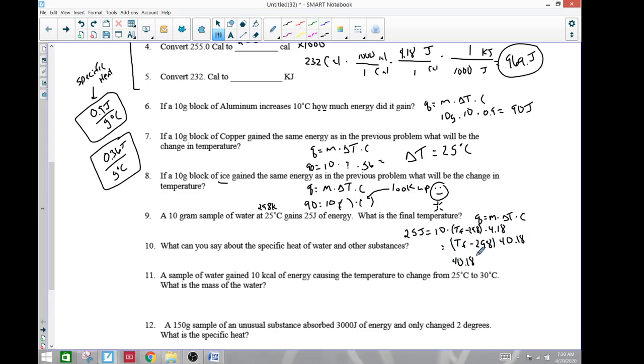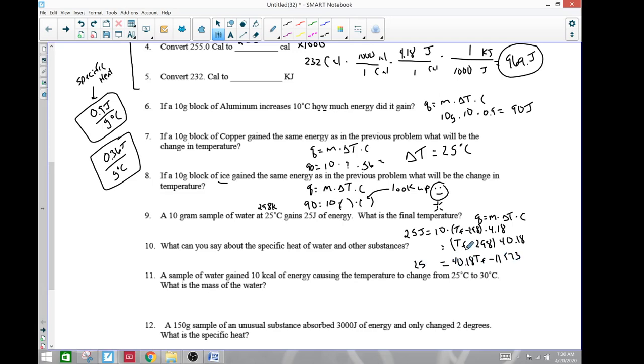Distribute is going to give us 40.18 TF minus, and you're going to multiply that 298 times 40.18, and then we're going to get 11,973. 11,973 equals 25.